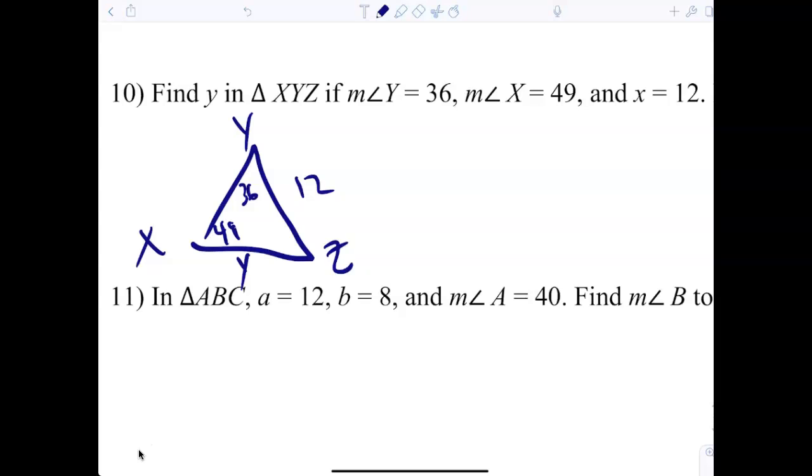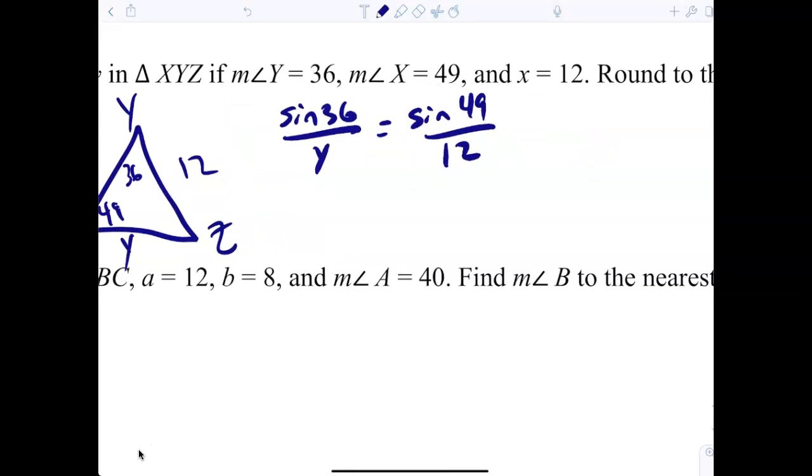So we have sine of 36 over Y equals sine of 49 over 12. And I always tell everybody I just feel like you guys are smart enough to just cross multiply, divide. So Y is roughly what here? About 9.3. Everybody happy with 9.3?